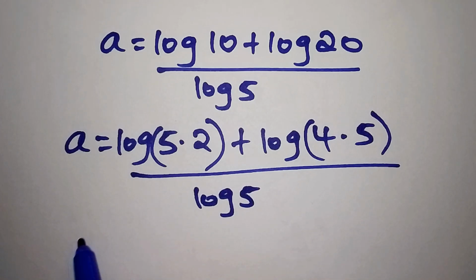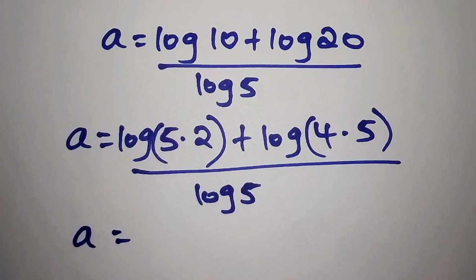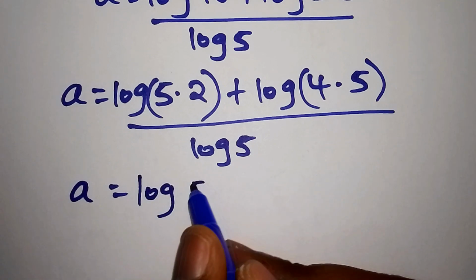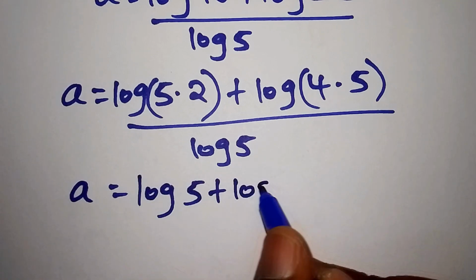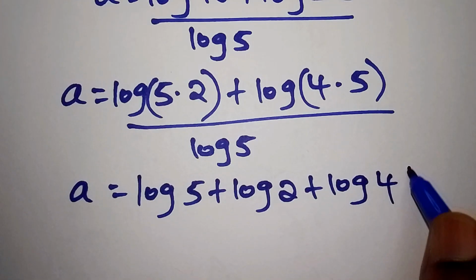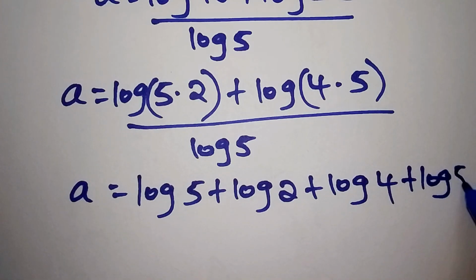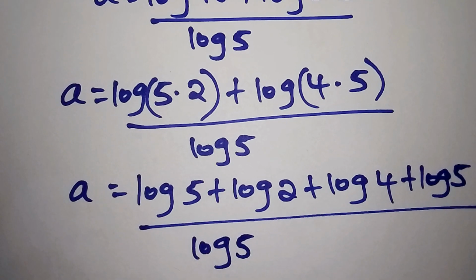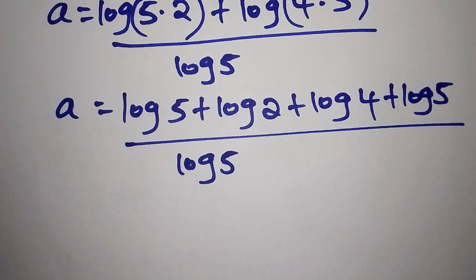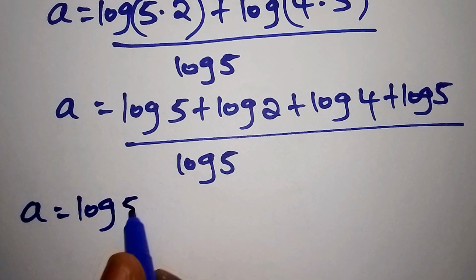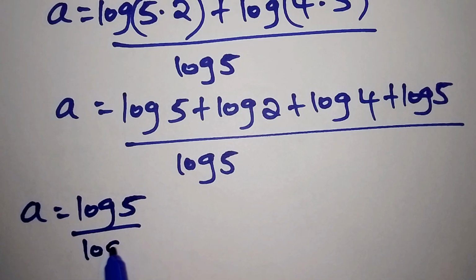Next, the value for a is equal to the log of 5 plus the log of 2, plus the log of 4, plus the log of 5, all over the log of 5.